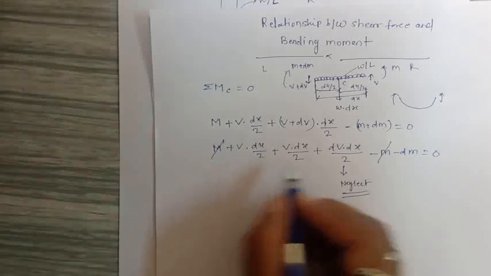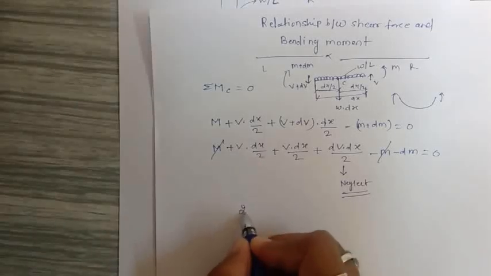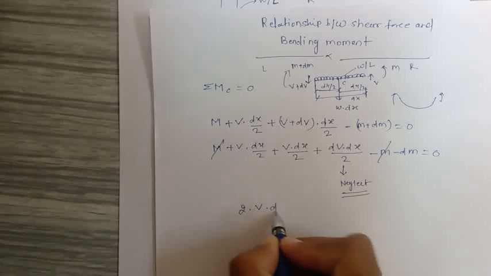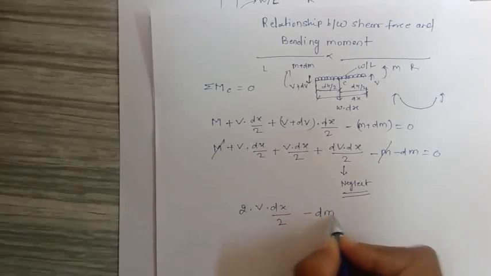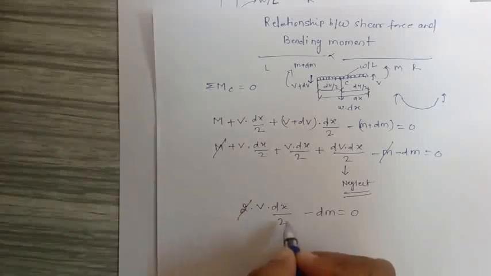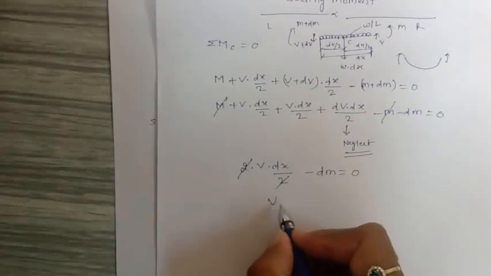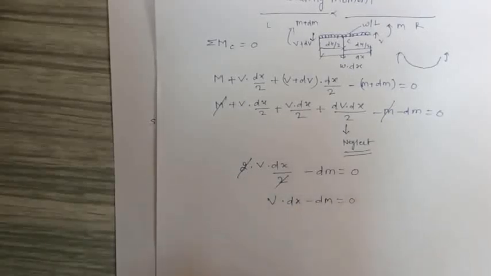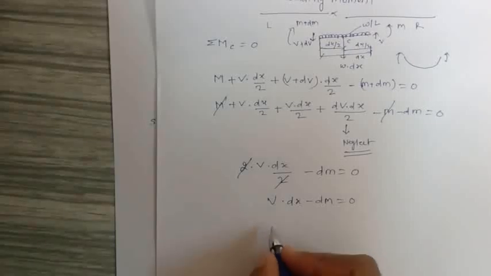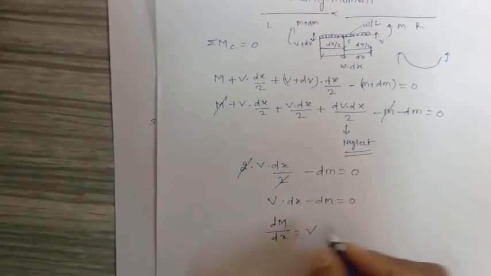The remaining will be 2 into V dx by 2 minus dM equal to 0, so V dx minus dM equal to 0, or dM by dx equal to V.